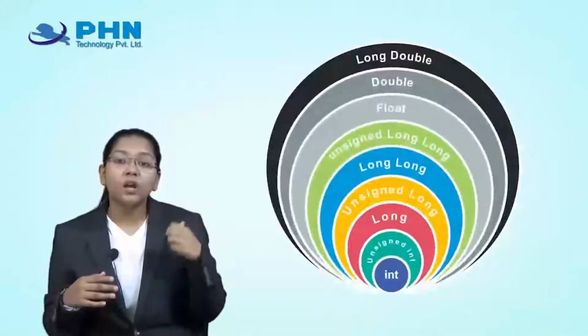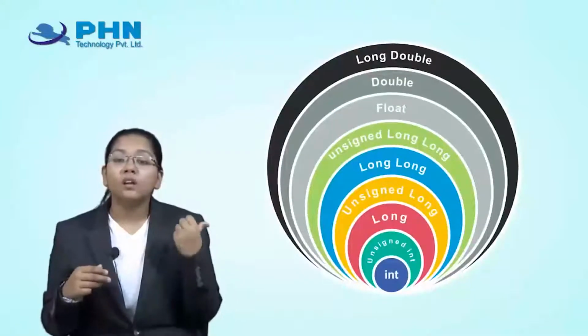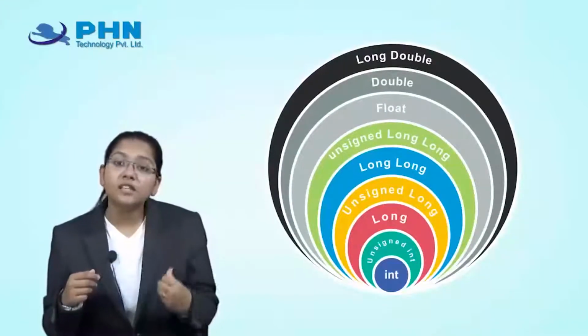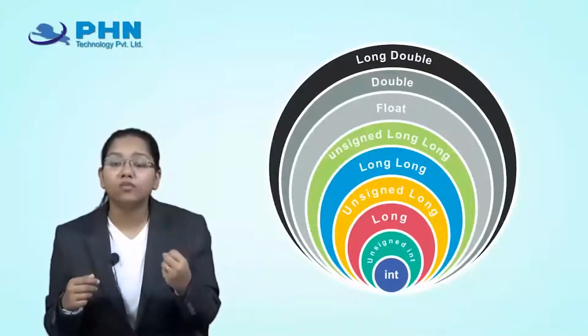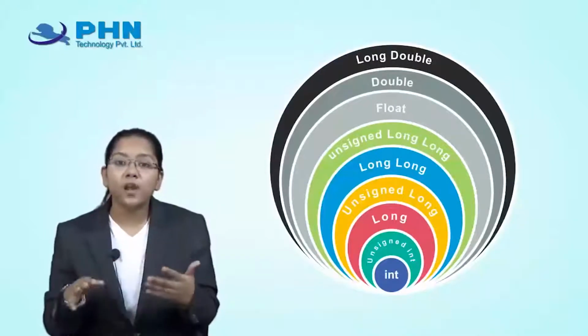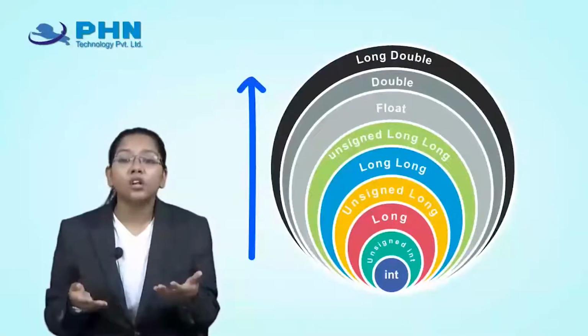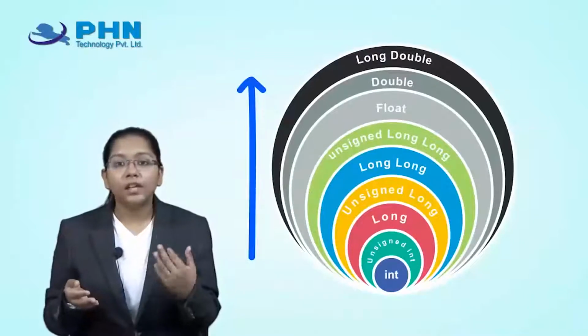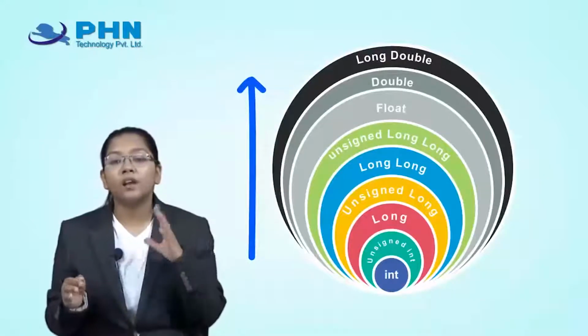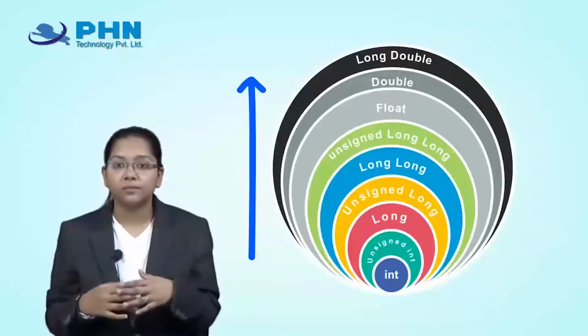Let's say int has the least priority, then float, then double, and so on. This chart gives you the proper view of the data type priorities. Your int has the least priority and below that there is a short int. This is how the priority of data types is represented.